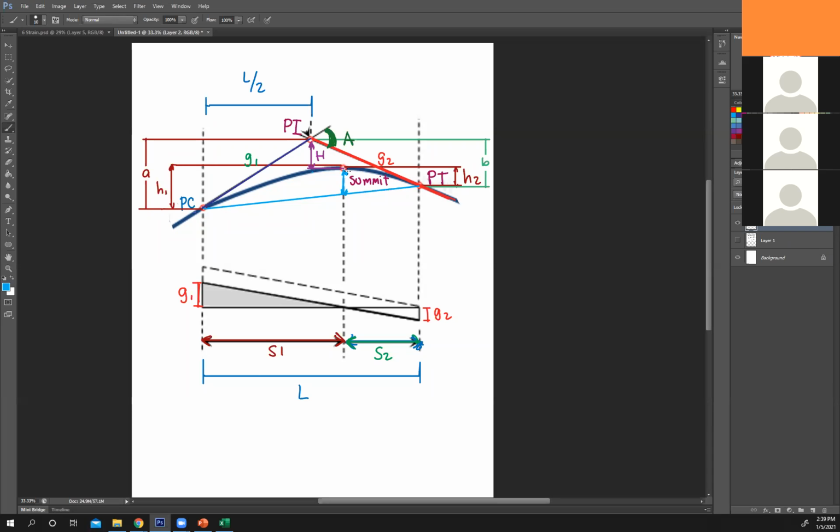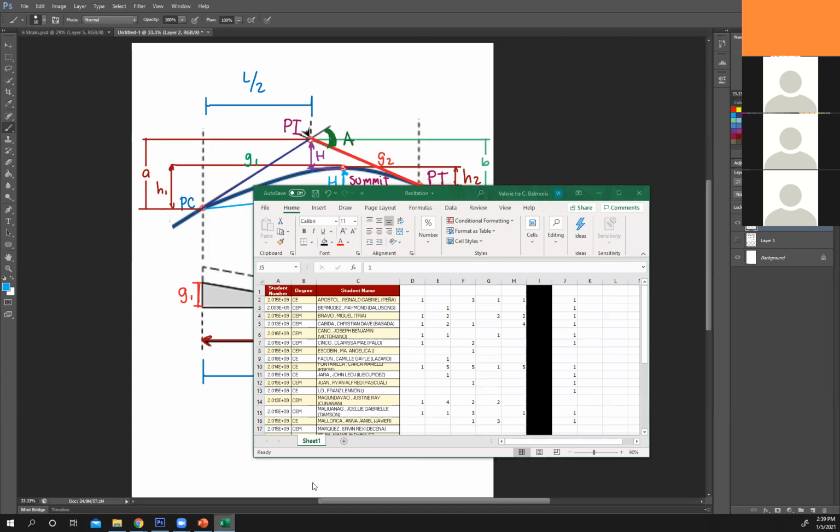The distance from summit to the midpoint of that chord. Would that also be H po? Correct, that's H. Okay, good. Okay.